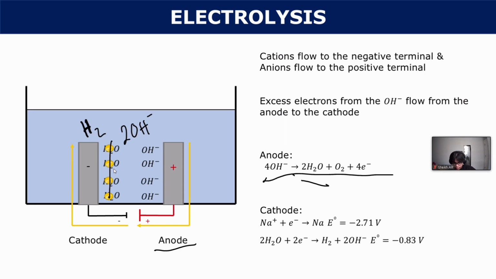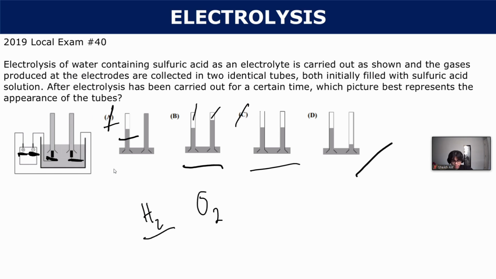At the anode we produce the oxygen, and at the cathode we produce the hydrogen. And what this diagram does is that it flips it. So essentially what it's saying is that over here would be the oxygen, and over here would be the hydrogen, which doesn't make sense because in this case we're producing double as much oxygen as we are hydrogen, and that wouldn't make sense. And so D cannot be right.